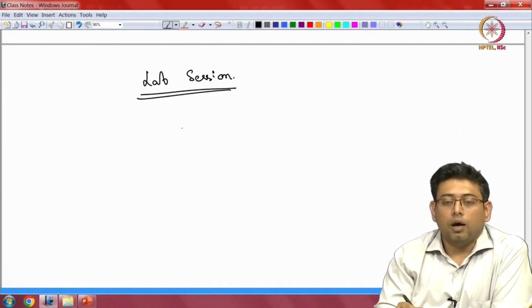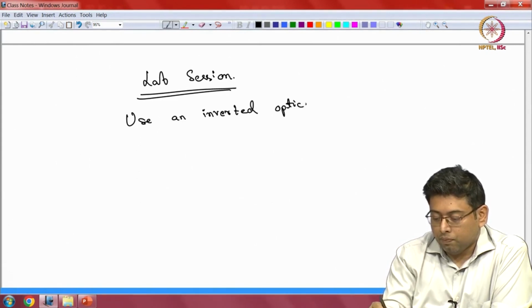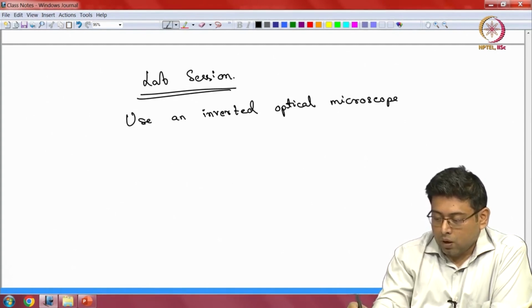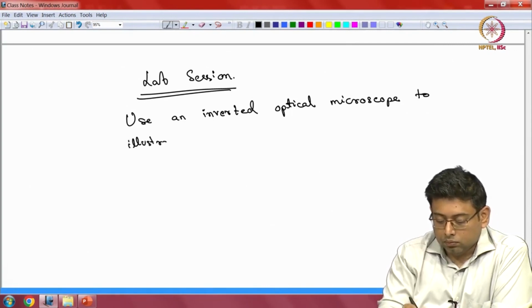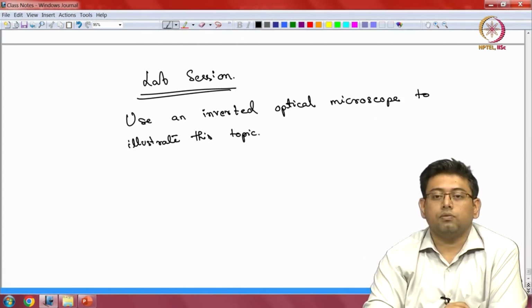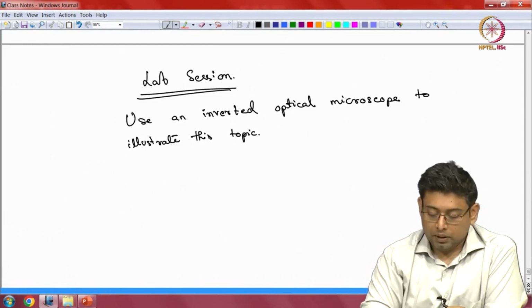We will use an inverted optical microscope to illustrate this topic, which is of light and matter interaction and how it results in different types of images.